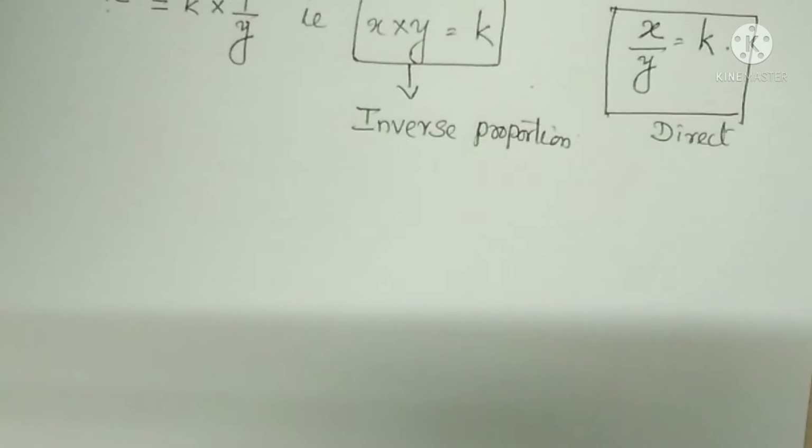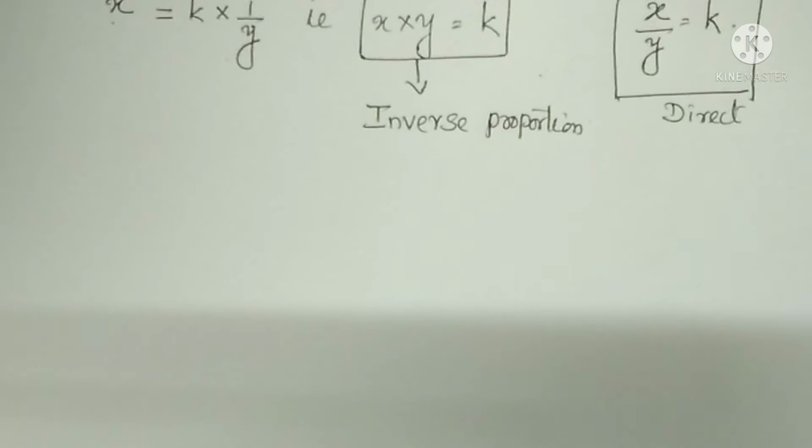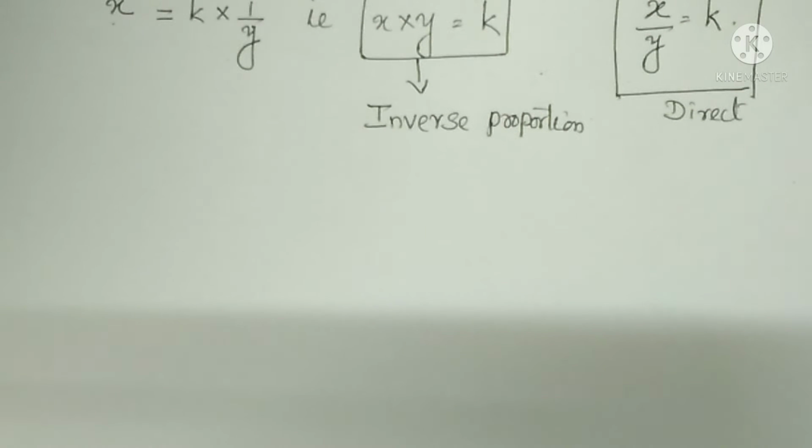The number of workers on a job and the time to complete the job. Think of the condition. For example, if you are given to clean a classroom. If we give it to 10 students for one day to clean the classroom, and the second day the same type of classroom is given to 15 students, will they take more time to clean it or less time to clean it?